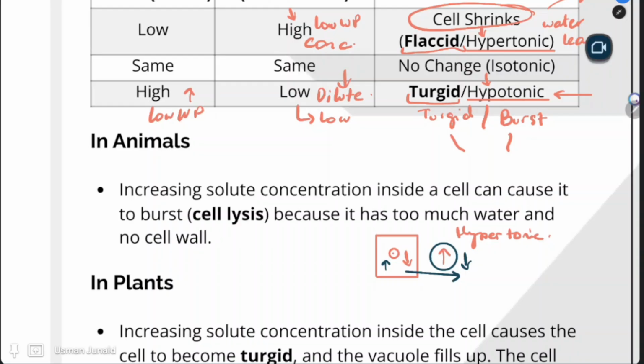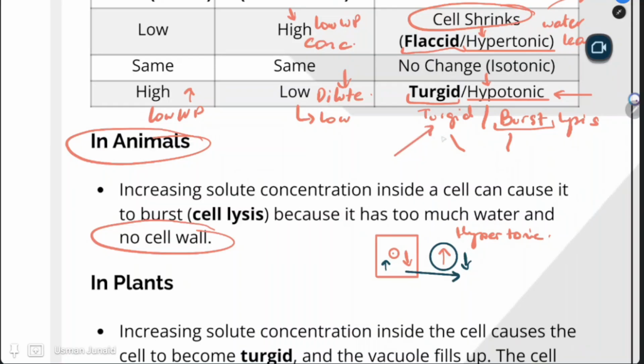Now, we talked about the cell bursting or lysis. This is the concept we have in animal cells. Animal cells don't have a structure which is present in plant cells. Do you remember what structure that is? The cell wall. So the cell wall protects plants from bursting, and it causes a phenomenon called turgidity.